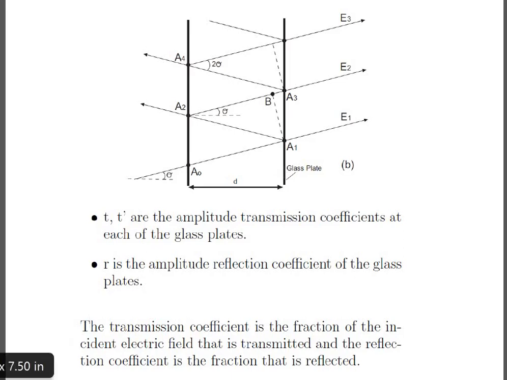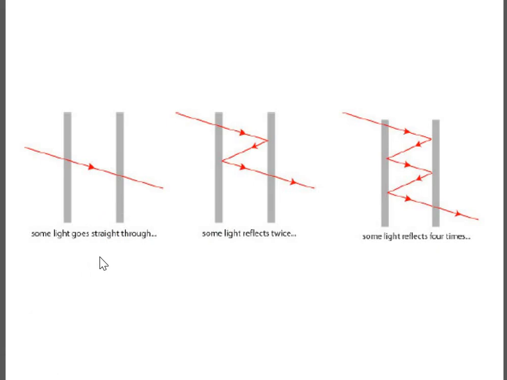If the beam falls like this, some light will go straight through and some light will reflect twice like this, and there will be an even number of reflections before exiting. So now we are going to analyze this.